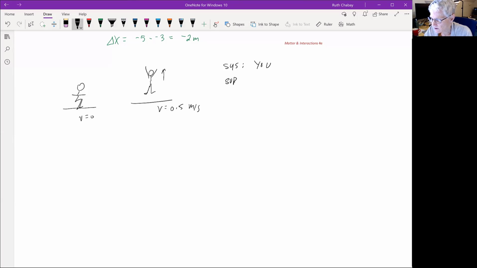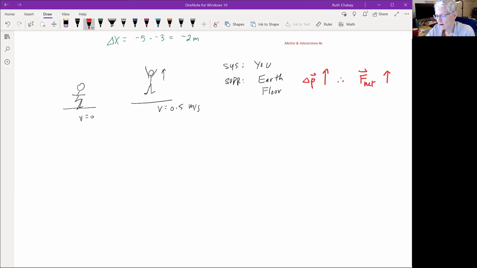The surroundings: the earth is pulling down on you and the floor is pushing up on you. Since your momentum changed in the plus y direction, we have a delta P upward, so therefore F net was also upward.